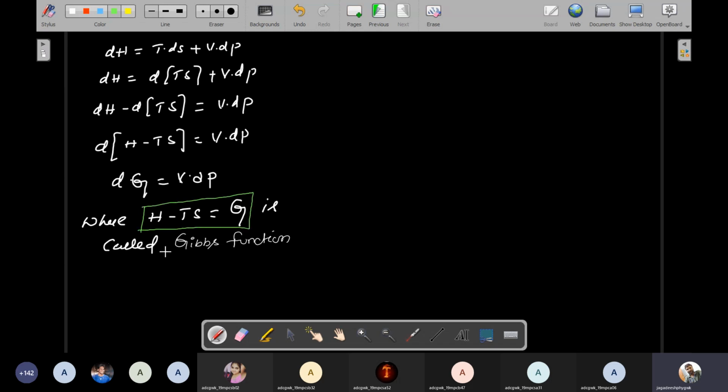I already derived the Gibbs function right now. Now, once again, I consider the Gibbs function. So, right now, what is the Gibbs function?